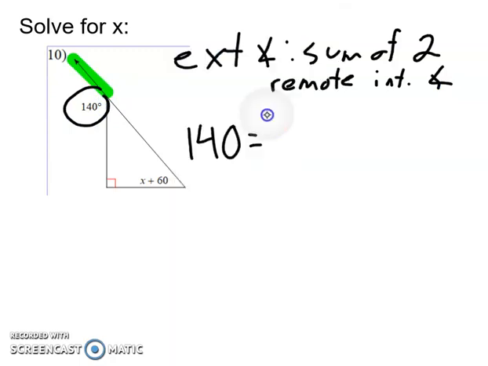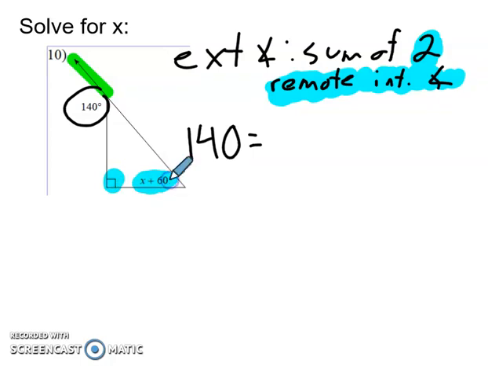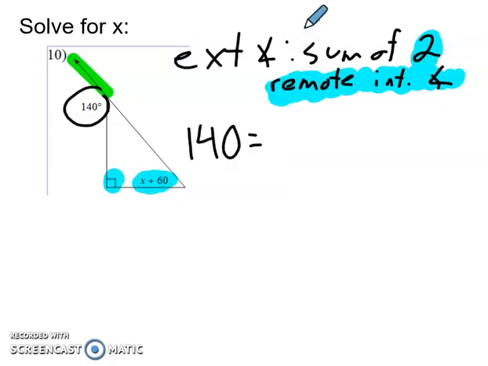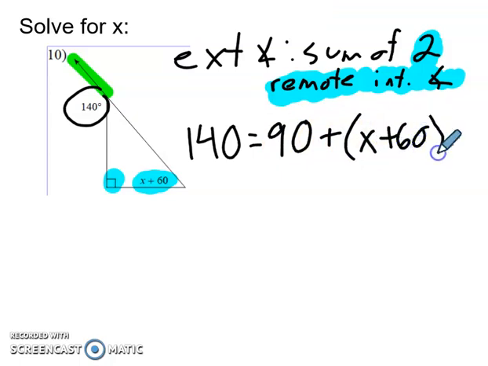Now, the two remote interior angles are the two angles that are not adjacent, or not next to, that exterior angle. So it's going to be this angle right here and this angle right here. We can write it: we have a right angle right there, plus x plus 60.